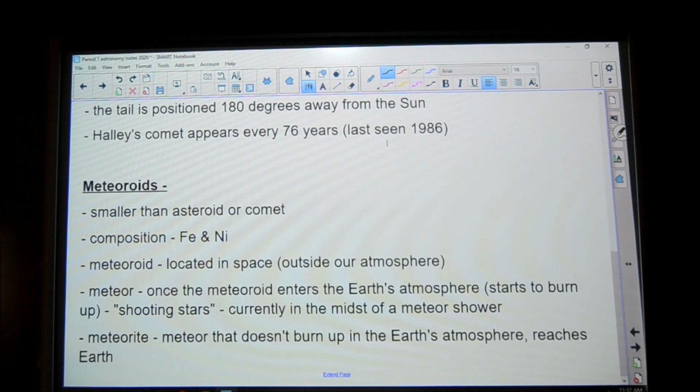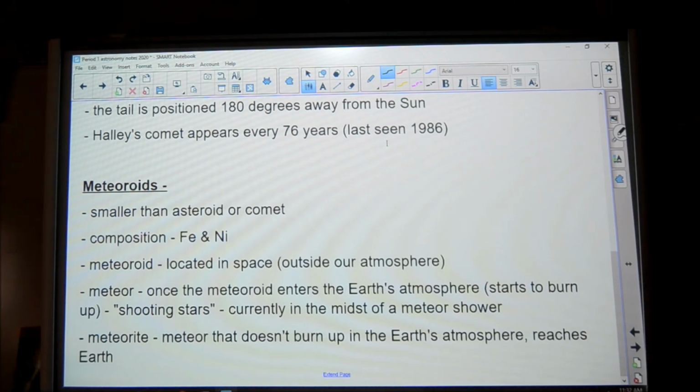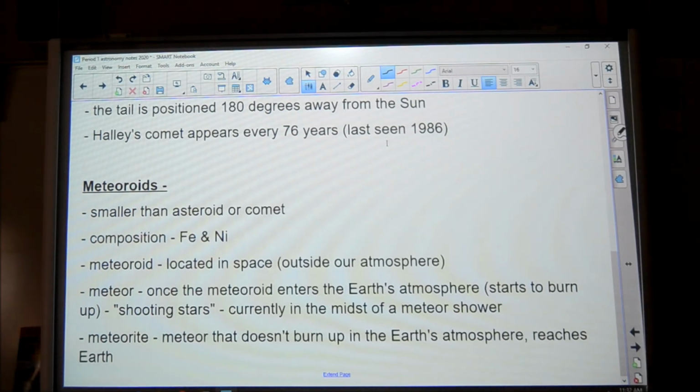The common term is shooting star, but you're actually watching the meteor burn up in the Earth's atmosphere. If your meteor does not completely burn up and actually hits the ground, that one is a meteorite. So meteor, Earth's atmosphere; meteorite, didn't burn up, hit the ground; meteoroid is in outer space. Same thing, just different location.